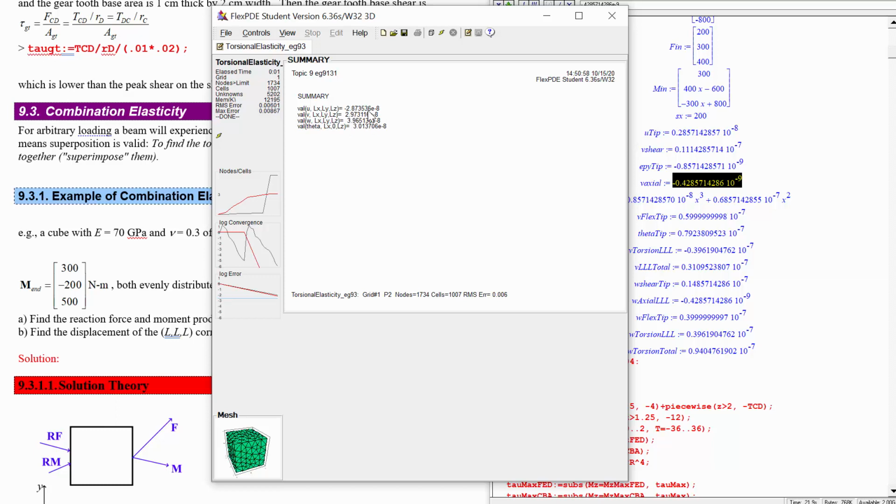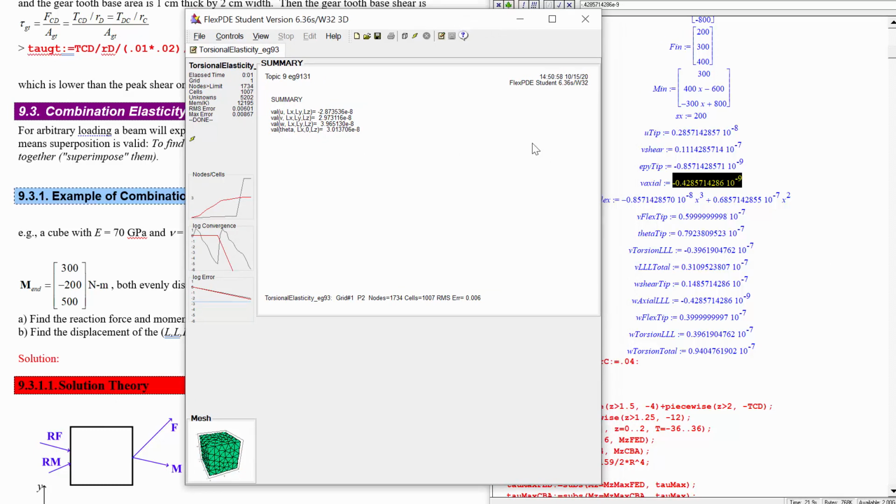So we've got 3 e minus 8 in the y direction. Has the x1 changed? Not really. What about the y1? 3 e minus 8. This is not nearly as large as we predicted. Oh, wait, it's larger. This is 1 e minus 8.